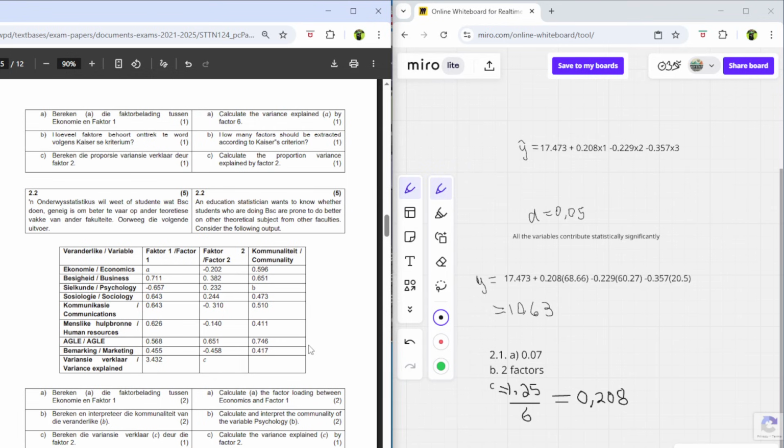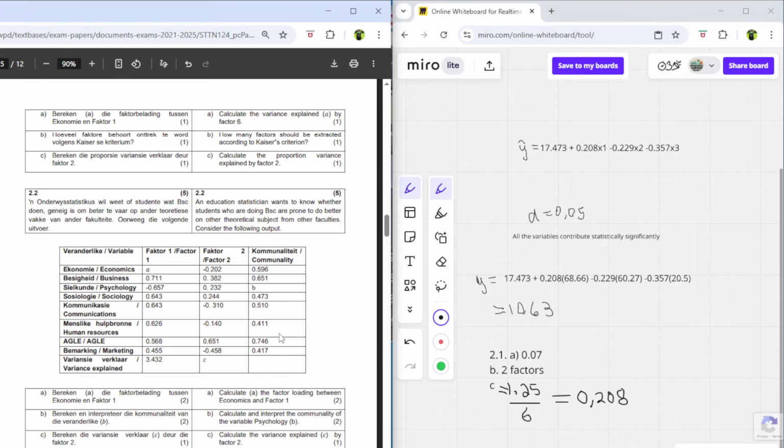Now we have the output here of a factor analysis, whereby we have the variables: economics, business, psychology, sociology, communications, human resource, and marketing. Then we have the variance explained by each factor. We have only 2 factors, and then we have the factor loadings here in between, and the communalities as well.